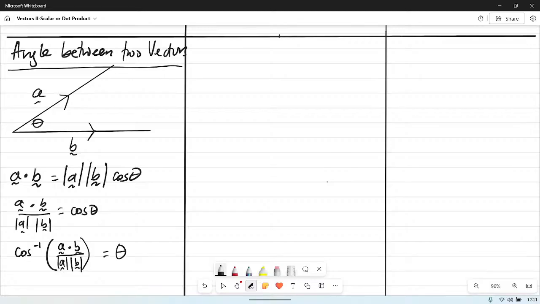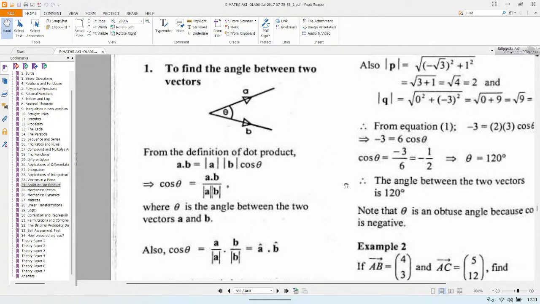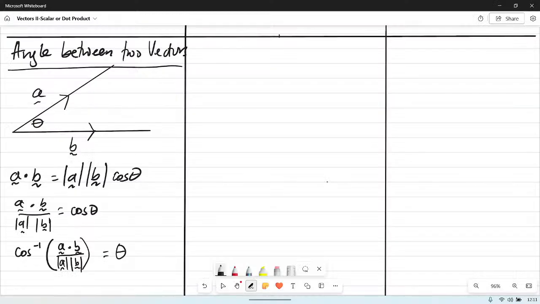Okay. So let's use a couple of examples. Now, this technique is the same as the dot product of the unit vectors. You know that a unit vector is the same as a vector over its magnitude. So if you are finding the angle between A and B, we can say cos inverse of A over A magnitude times B over B magnitude.